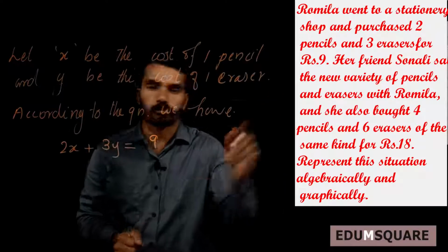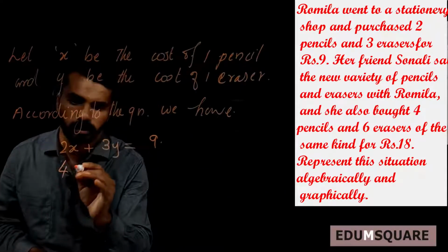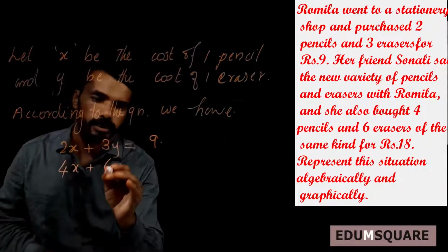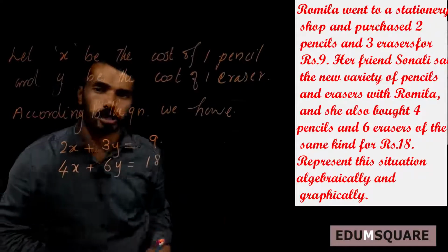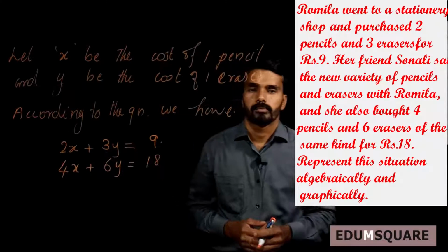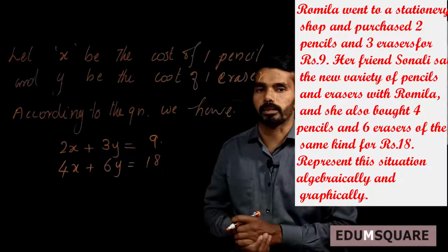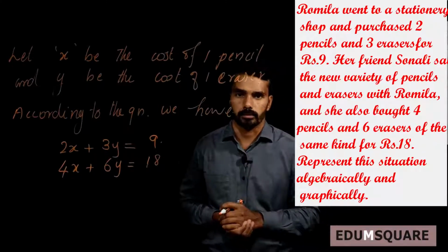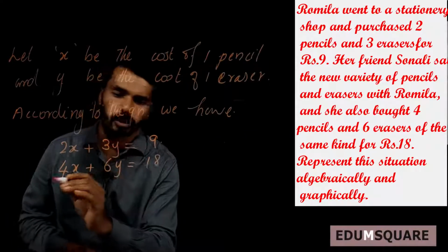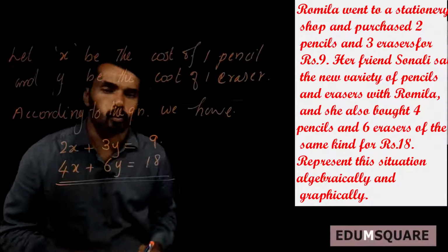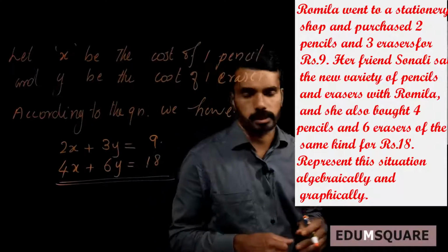So what is the cost of 4 pencils? 4x, then 6y is equal to how much she spent? Rupees 18. Okay, so this is the algebraic representation of the given question. Yes, 2x plus 3y is equal to 9 and 4x plus 6y is equal to 18.